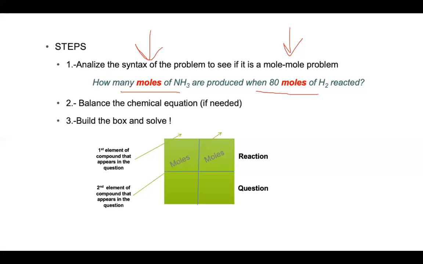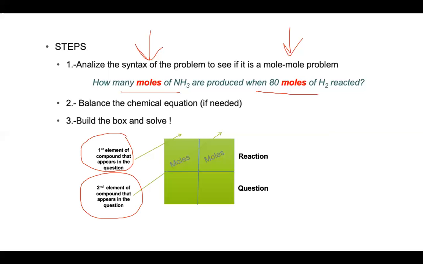After that, you have to build a box and solve. Remember that to do it, we draw a box and divide it by 4. At the top of the first column, we write the first element or compound that appears in the question. At the top of the second column, we write the second element or compound that appears in the question.